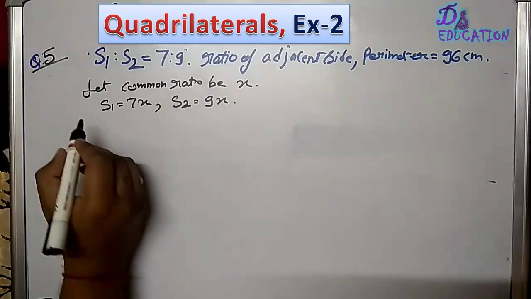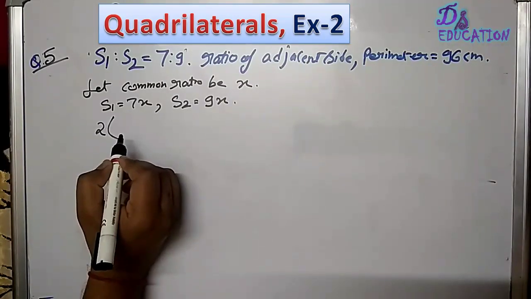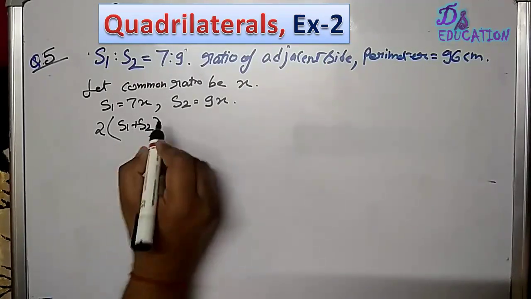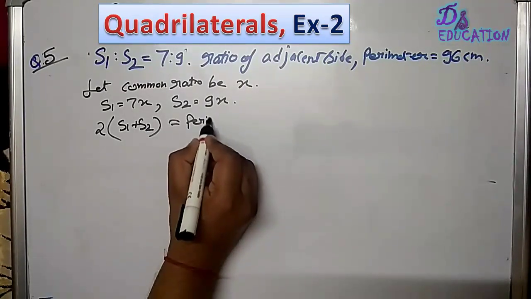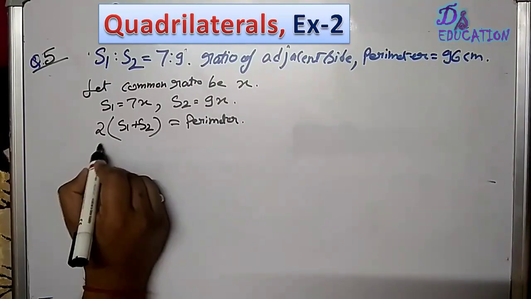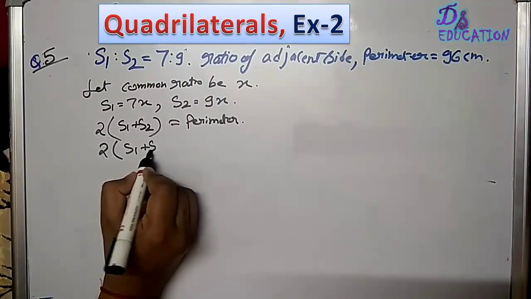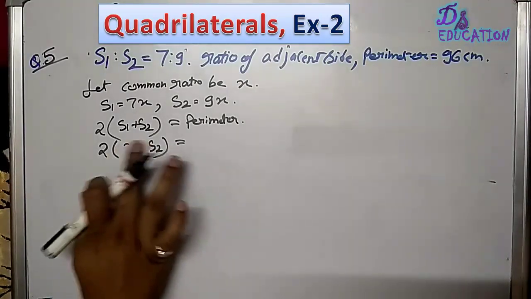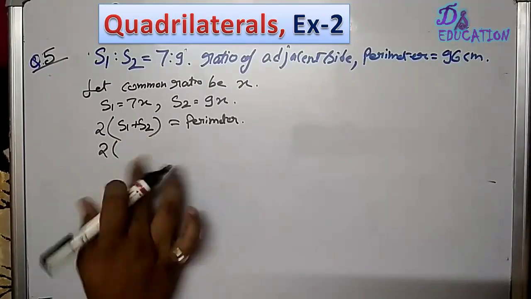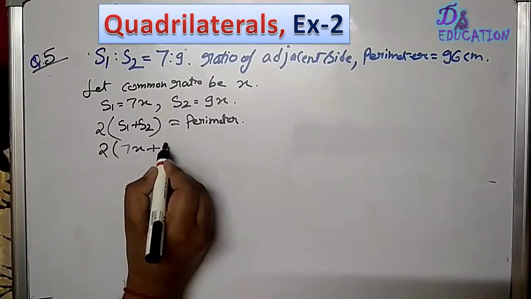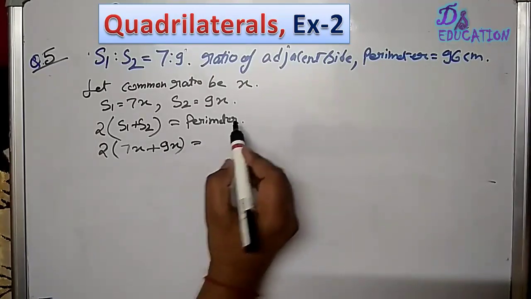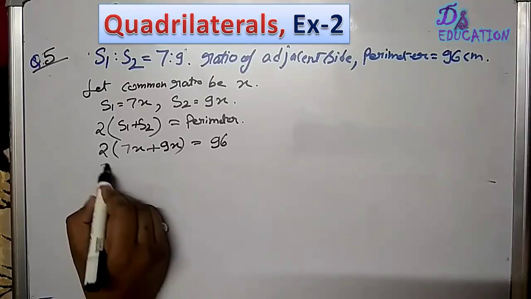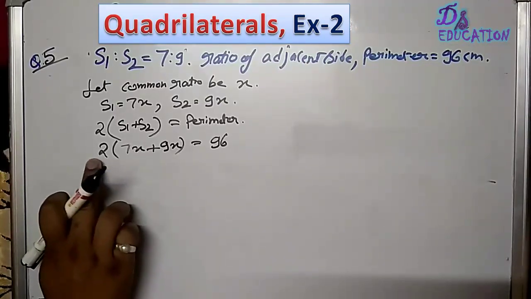Okay, so we all know that the formula of the perimeter of a parallelogram is equal to 2 bracket S1 plus S2. Clear? So 2 bracket S1 plus S2 is equal to, in place of S1 and S2, I will write 7x plus 9x, is equal to, the perimeter is given 96, so I will take 96 over here.